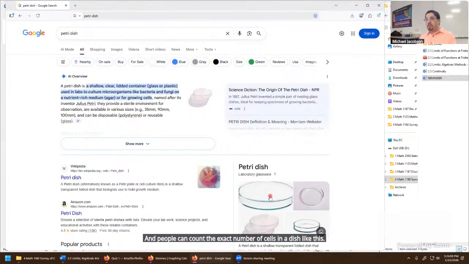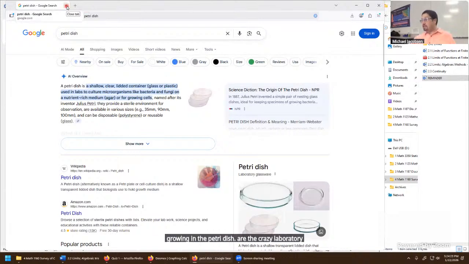What they do is they put it under a light. There's a sensor above where the light is coming in, hitting that dish. And for every photon that's blocked, the assumption is a bacterium blocked it. So that's a count on the bacteria growing in the petri dish. Pretty crazy laboratory experiment when you think about it.